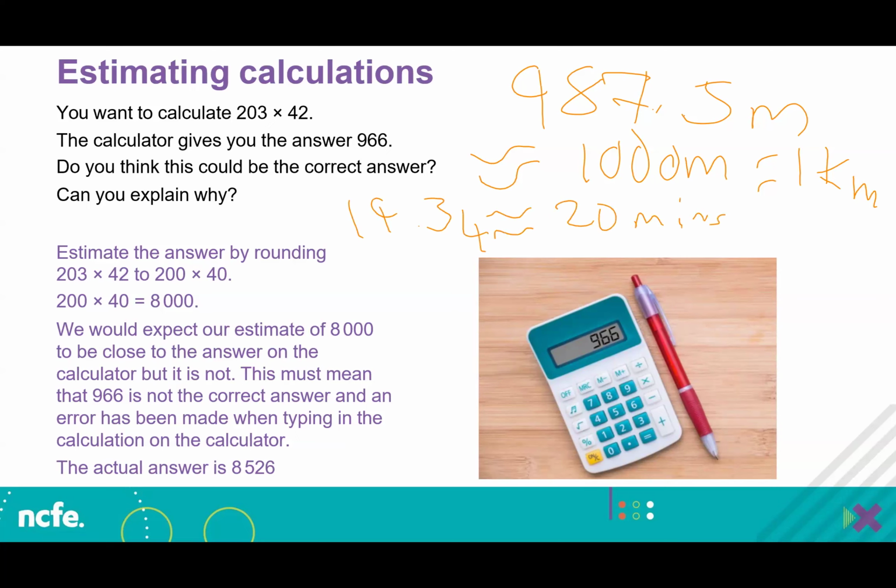So now if it takes him 20 minutes to do one lap, how long did it take him to do 6 laps? We would multiply by 6. So we get 120 minutes approximately, or 2 hours.